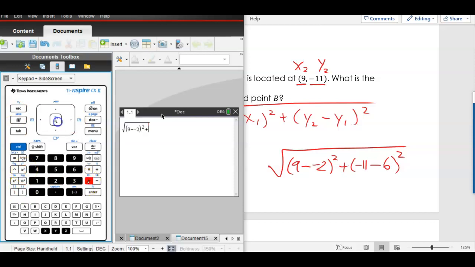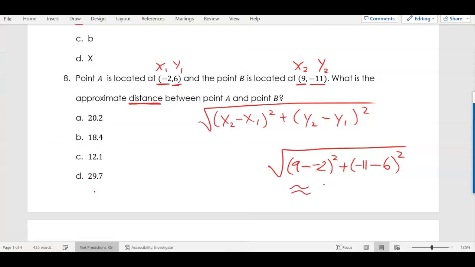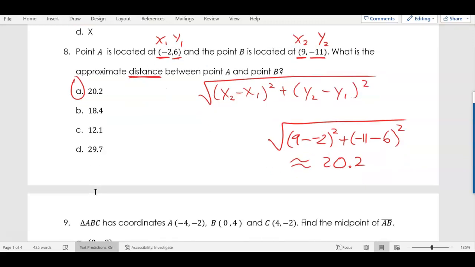Just go ahead and start plus parentheses negative 11 minus sign 6 parentheses squared. Everything should be under the square root sign. Hit enter, and boom, you get your answer, 20.2485. If we round to the tenths place, it'll just be 20.2. Cool. Careful with the negatives and the minuses, okay?